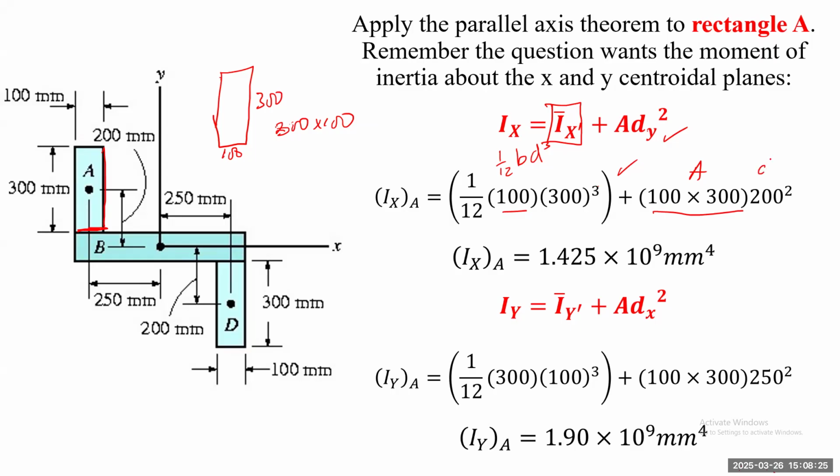Now, what about dy? How do they get dy? They are finding it with respect to the x-axis, right? So it's the center of the figure down to where the x-axis is. The x-axis is right here. How did they get 200?